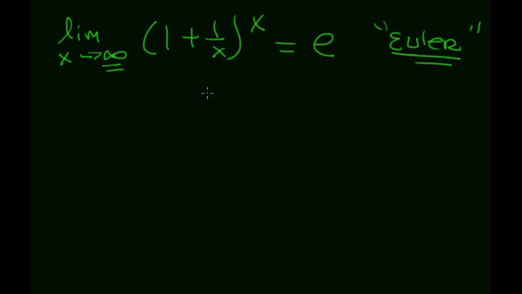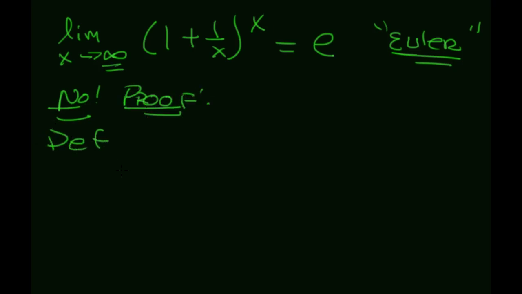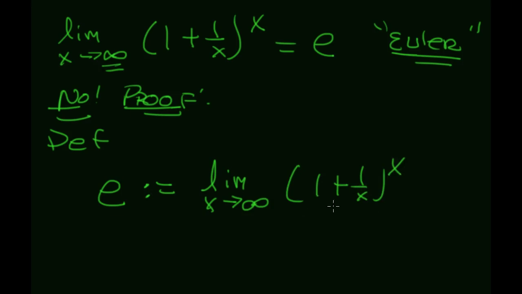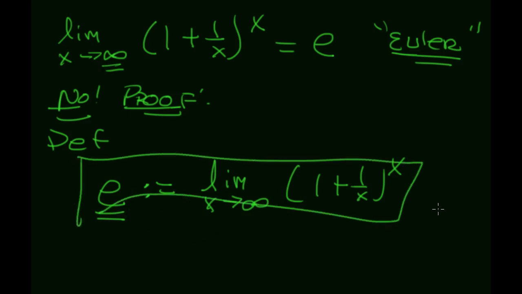Do I have to prove this? No, I don't have to prove it. No proof. Why? Because this is a definition. We define e as being the limit as x approaches infinity of 1 plus 1 over x to the x. That's what e is. There's no need to prove anything. You need to know this definition because it comes up.